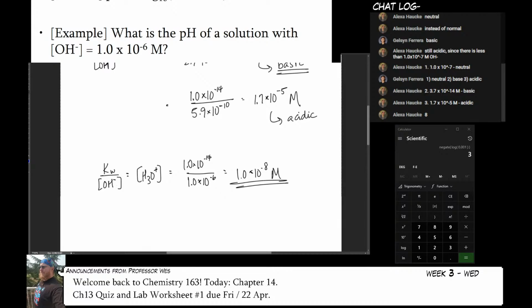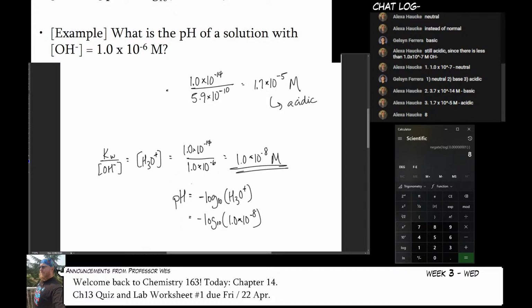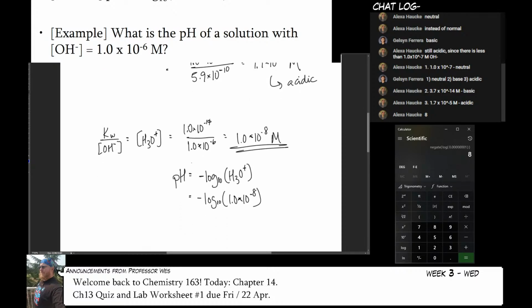And when I punch that into my calculator for my pH, that would be that. And you could probably guess that we're going to get 8 out of this. So 1 times 10 to the minus 8, log, negate. And there you go.